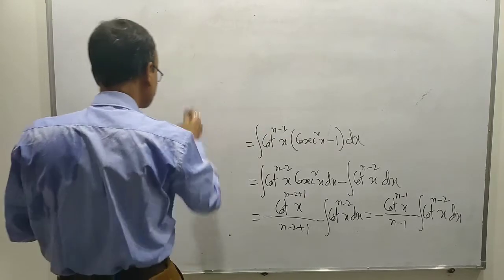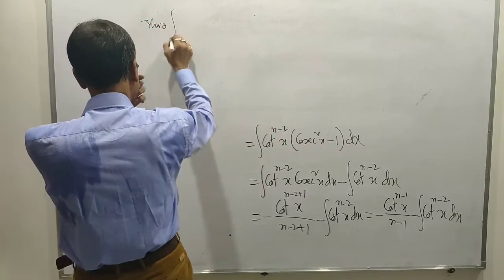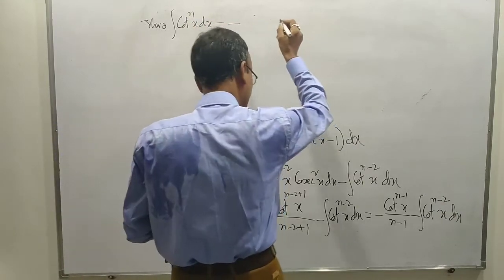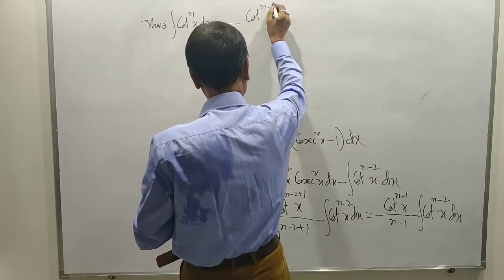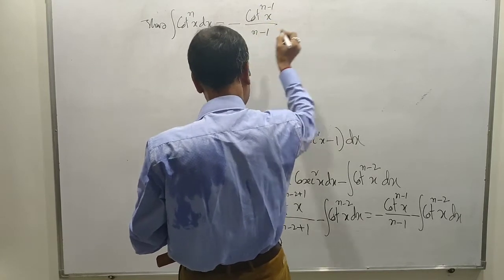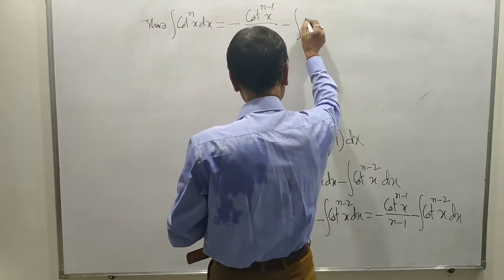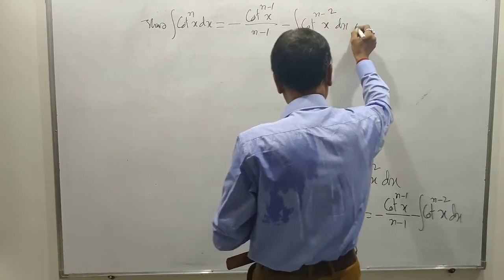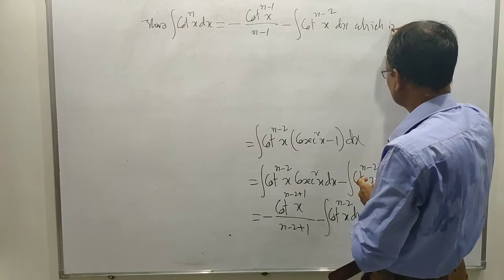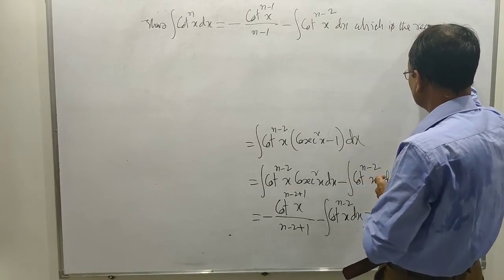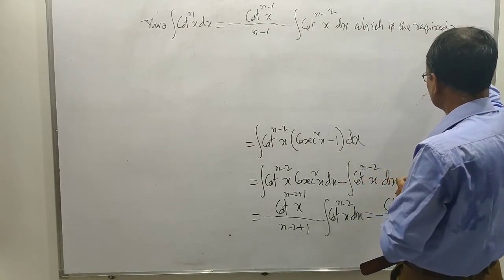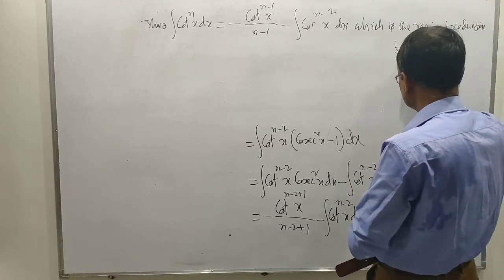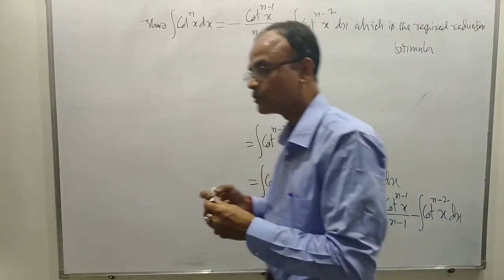Thus, integration cot to the power n x dx is equal to minus cot to the power n minus 1 x divided by n minus 1 minus integral cot to the power n minus 2 x dx, which is the required reduction formula.